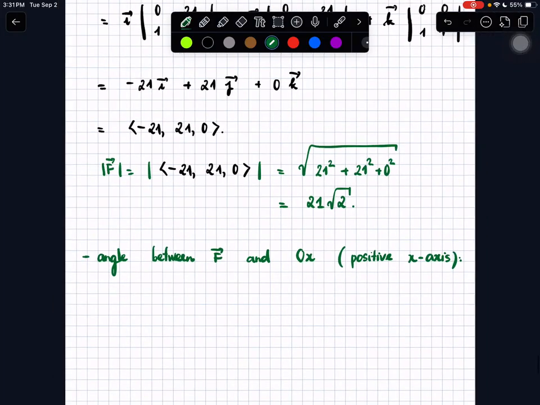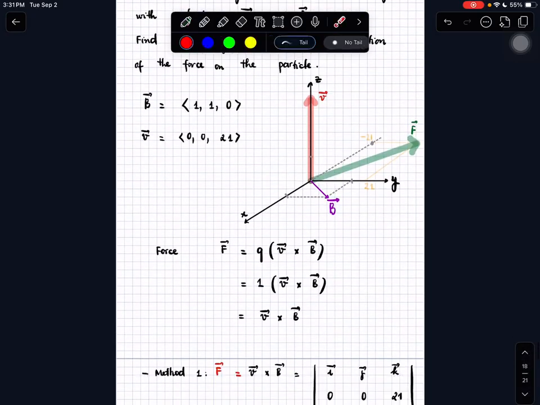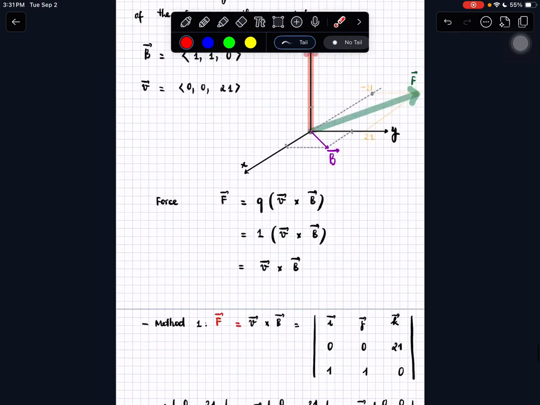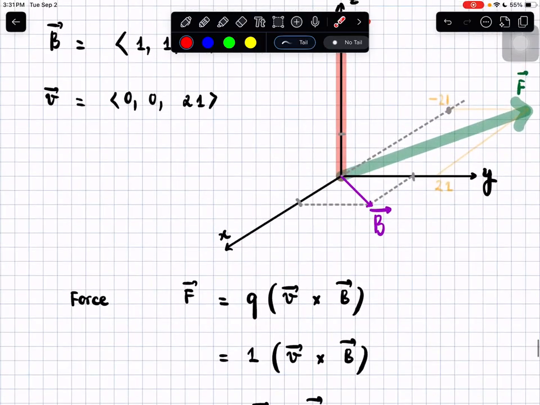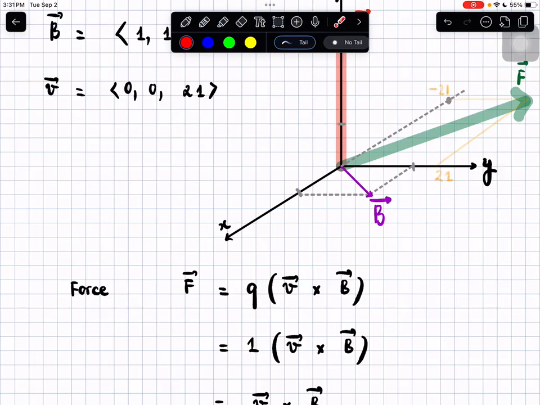Again, we have different methods to do that. One way is to compute it directly from a formula, and the other way is to see it from the picture. This has to be 135 degrees. How do we know that? This is 90 degrees right here.